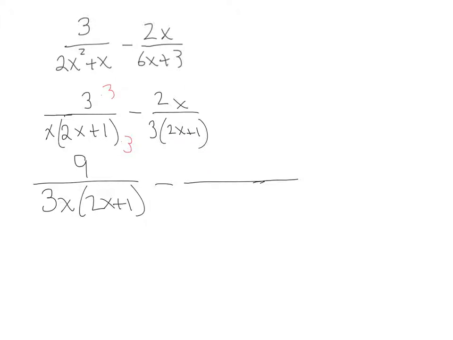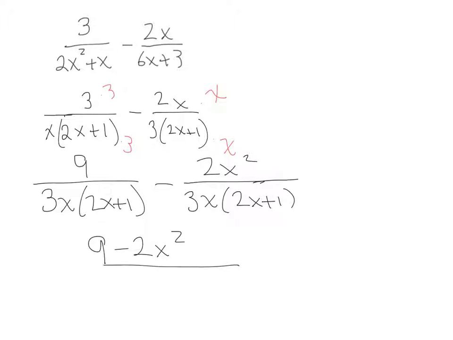What we realize is in order to get that denominator, we're going to multiply the denominator by x, which means we need to multiply the numerator by x, which means that now with a common denominator of 3x and 2x plus 1, we're going to get 9 minus 2x squared as our numerator, and what this gives us is 9 minus 2x squared over 3x times 2x plus 1.